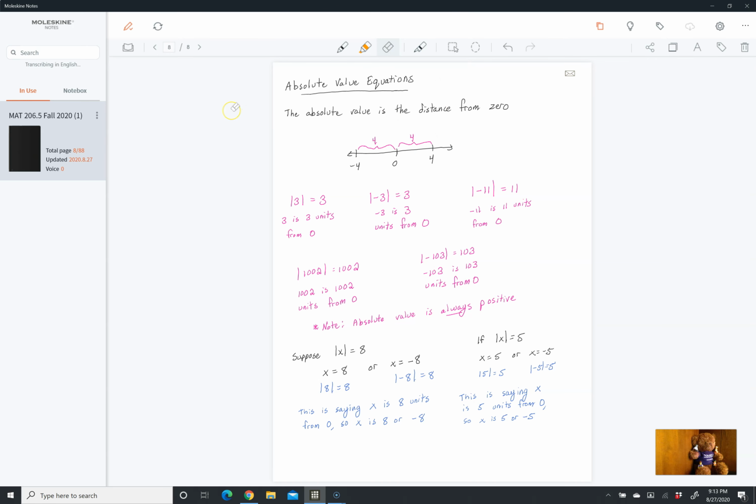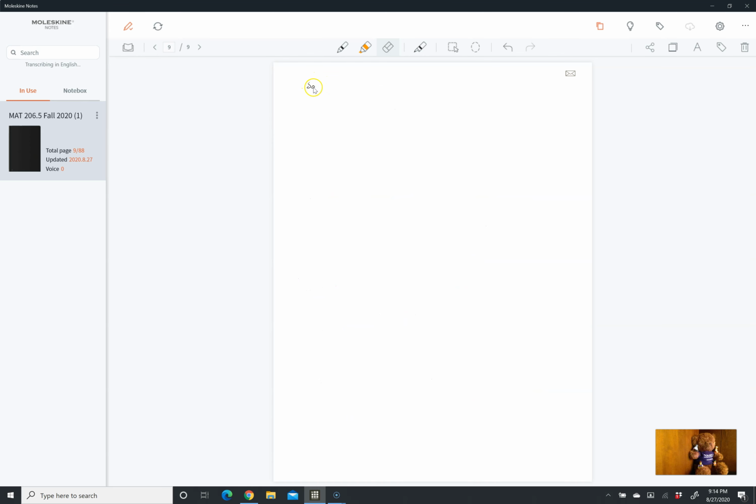Now note, I want you to note this. What do you think would happen if we said that the absolute value of x is equal to negative 7?